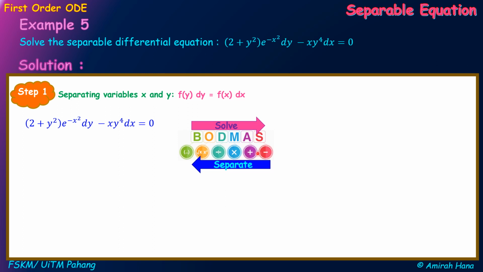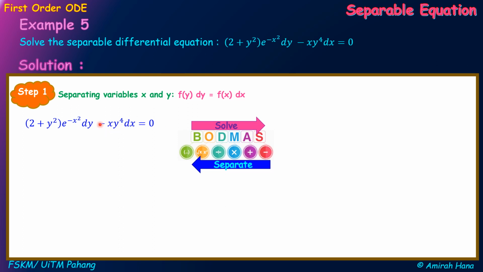Means we need to separate minus and plus first. After that, we separate multiplication and division. Then we separate order, meaning exponent, and bracket. So from BODMAS, when we reverse the steps, first we need to separate plus or minus sign.